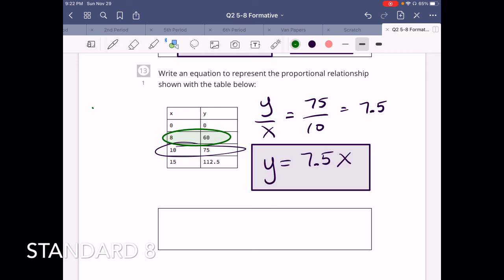Well, if I do 60 divided by 8, that also happens to be 7 and 4/8, or 7.5. And 112.5 divided by 15, you guessed it, 7.5. So that's the same multiplier for all of those. This is a proportional relationship, and the equation is y equals 7.5x.